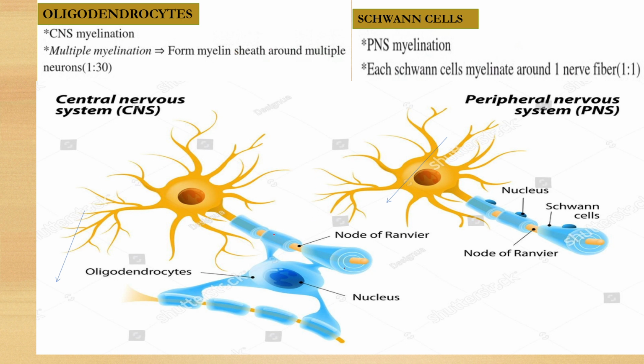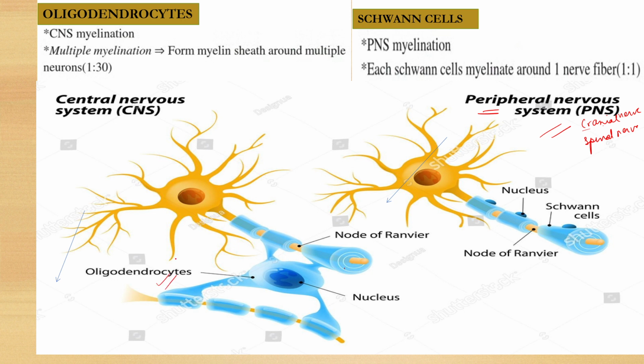The important neuroglia for myelination of neurons in the central nervous system is the oligodendrocytes, and Schwann cells are responsible for myelination of neurons in the peripheral nervous system. So in the peripheral nervous system, like cranial nerves and spinal nerves, myelination occurs through Schwann cells, and in the central nervous system myelination occurs through oligodendrocytes.